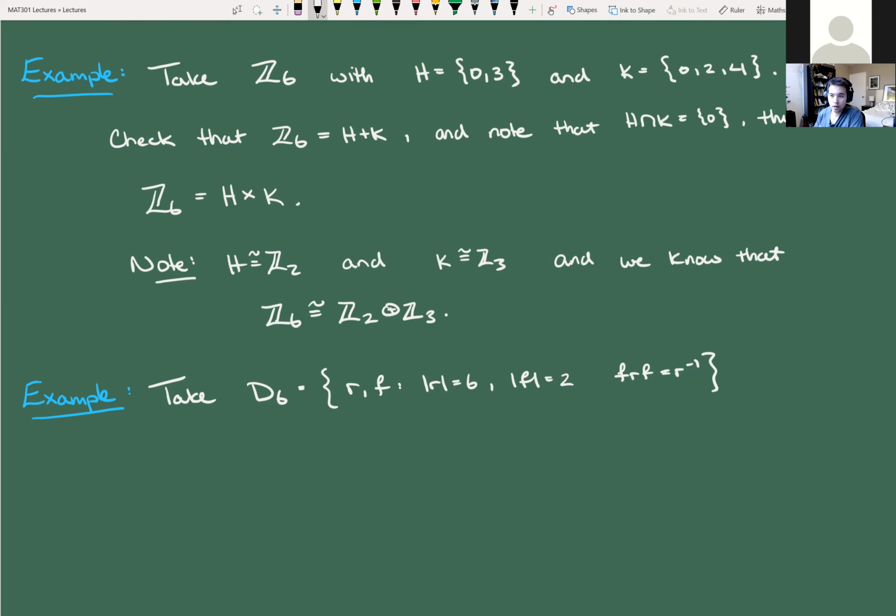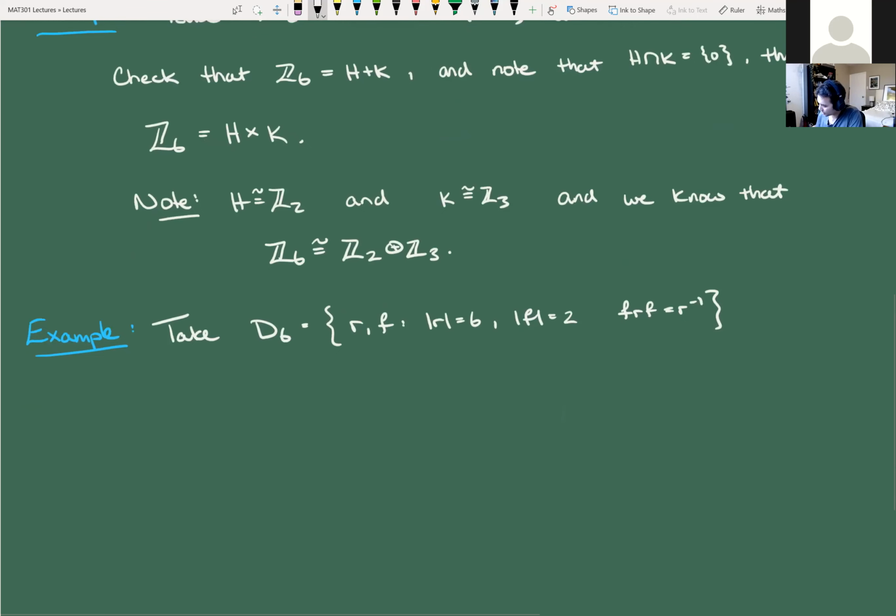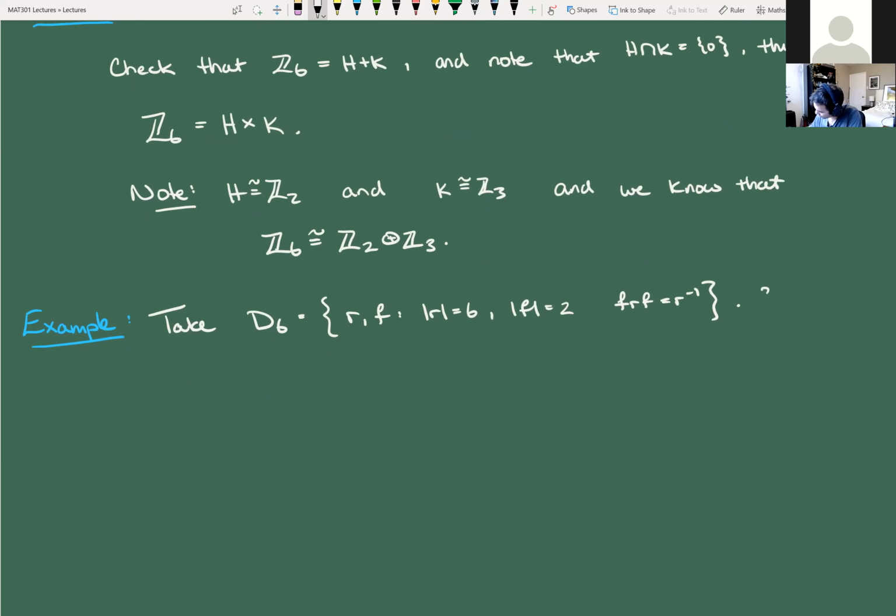And there are a couple of, again, very natural subgroups that we can take. So let's set H to be, what do I want here? I want the identity symmetry, the one that doesn't do anything, and R cubed, and K to be, what do I want K to be?